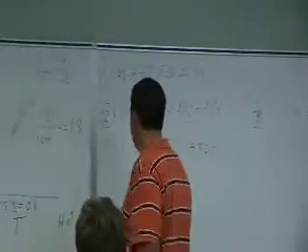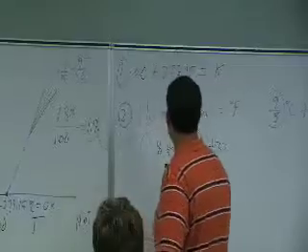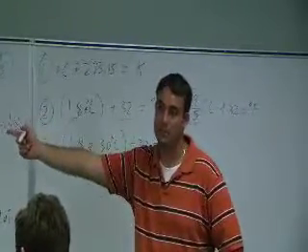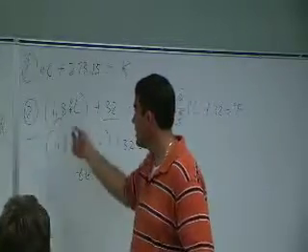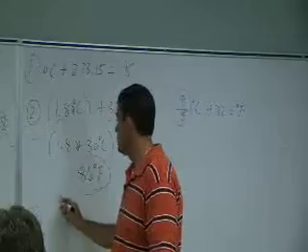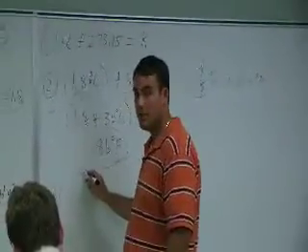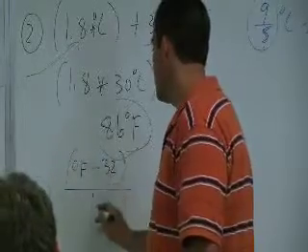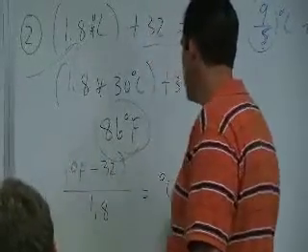Now, what if you had a degree Fahrenheit and needed a Celsius? What would be the formula? Can you guys get that from this? Degree Fahrenheit minus 32 divided by 1.8 equals the degree centigrade.